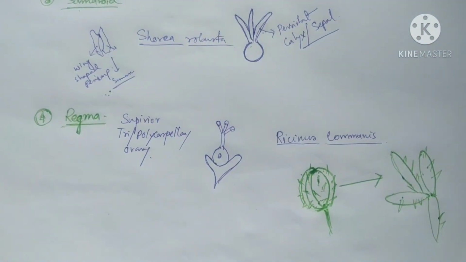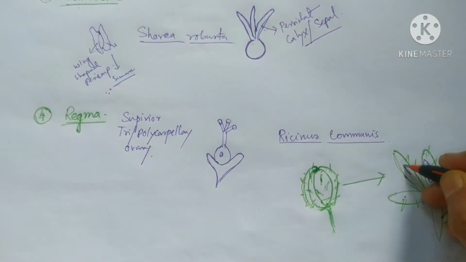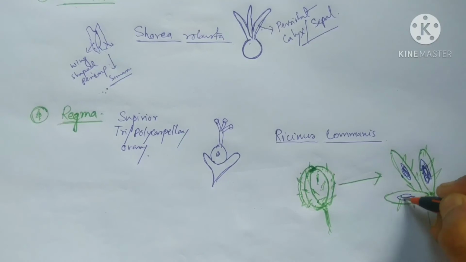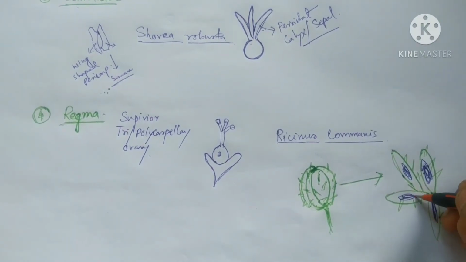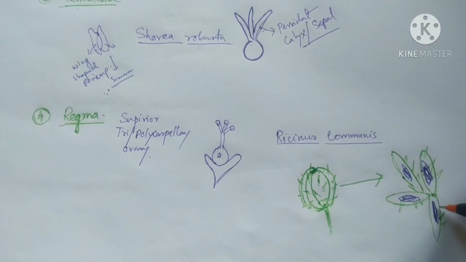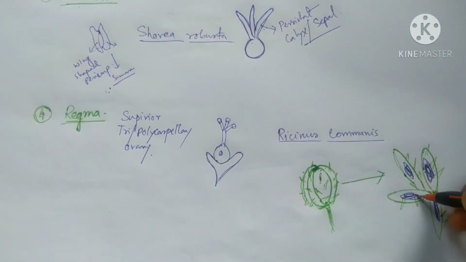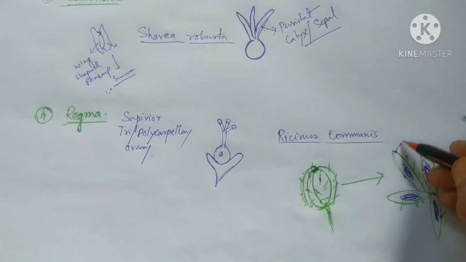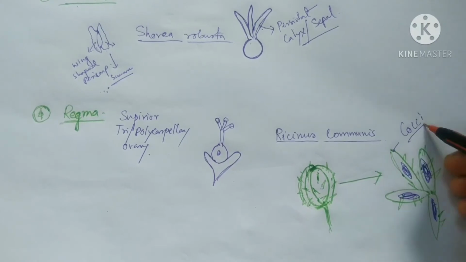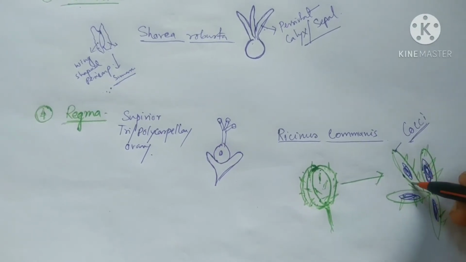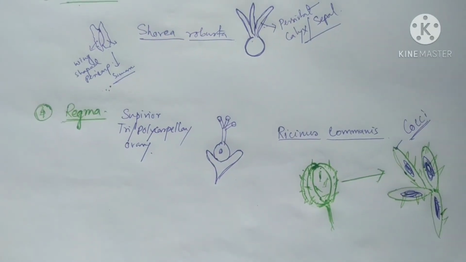So all parts contain a single seed, sometimes double seed, but in many cases single seed containing parts. Okay, and each part is known as cocci. Each part is known as cocci, right? So this is regma type fruit.